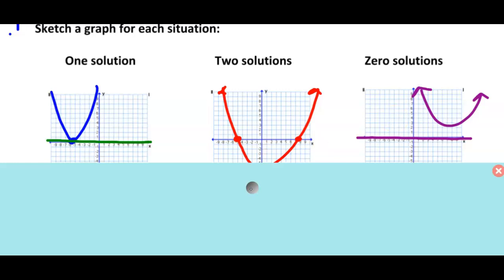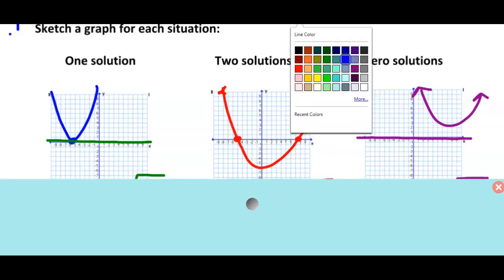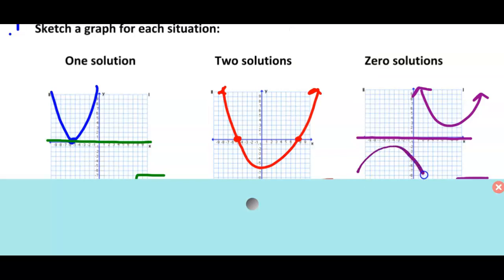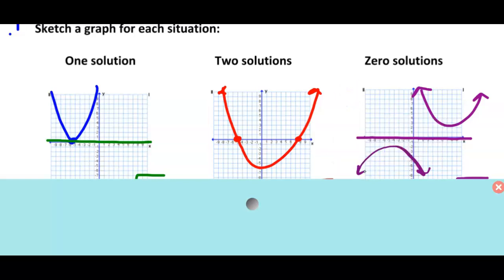And for zero solutions, my graph doesn't hit the x-axis. It's either above the x-axis, or it could be below the x-axis, a down graph that goes like that. So either of these would be zero solutions, right?